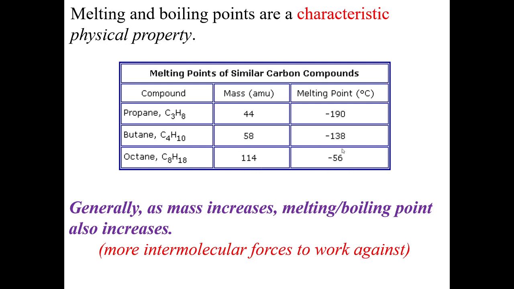So your temperature is going to have to be higher to break those intermolecular forces. So just more intermolecular forces to work against, then the higher that melting point is going to be, and boiling point as well. So make sure you guys understand that concept, okay? That's going to be something that I'm sure I'll ask you at some point on a quiz or test.